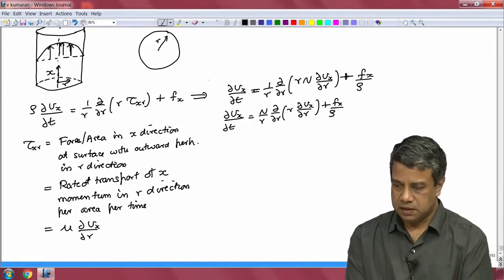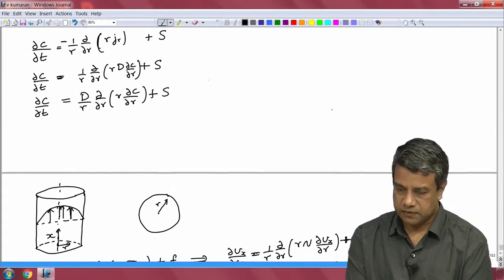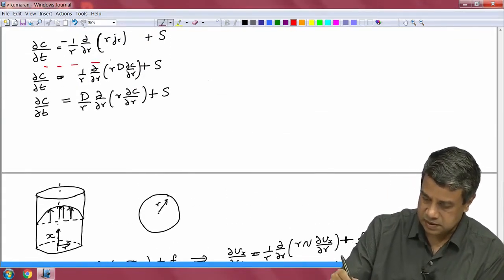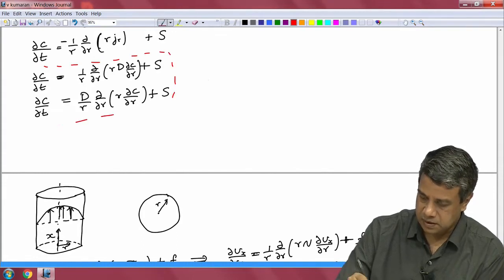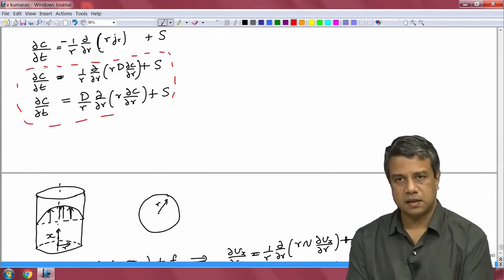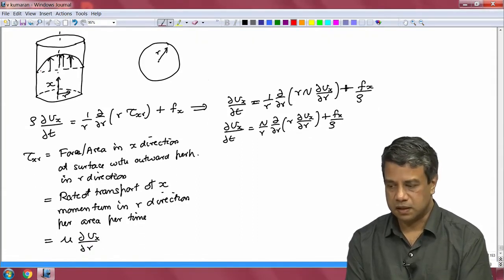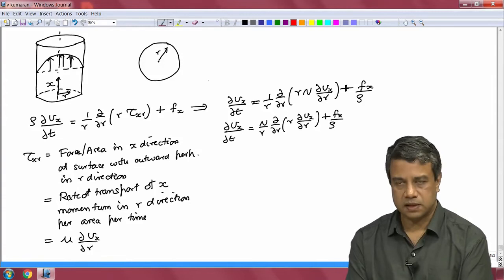You can see that this has exactly the same form as the equations for the concentration and the temperature fields. Substitute Vx for C and nu for D and you get this equation.